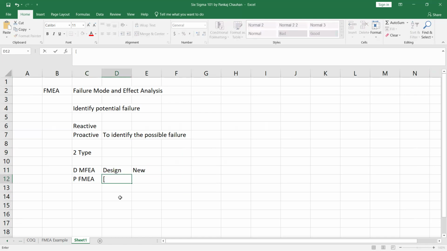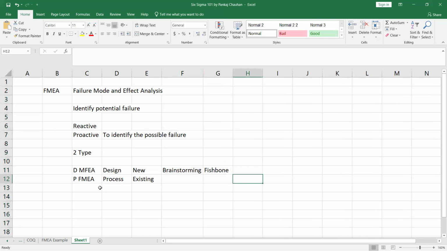PFMEA stands for process FMEA, which we generally use for existing processes. The starting point of the design FMEA, because the process or product does not exist, is brainstorming to identify the possible failure modes, and generally we use the fishbone analysis for that, or cause and effect diagram. Sometimes it is also called an Ishikawa diagram.